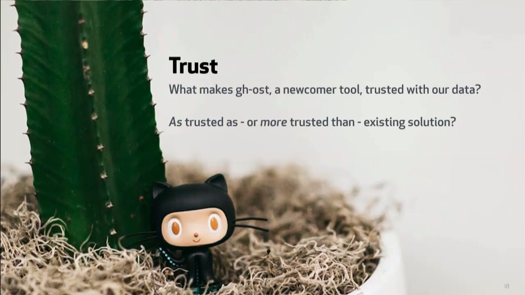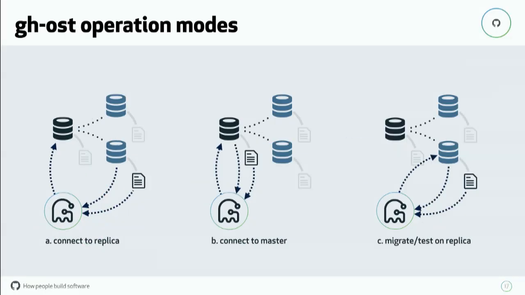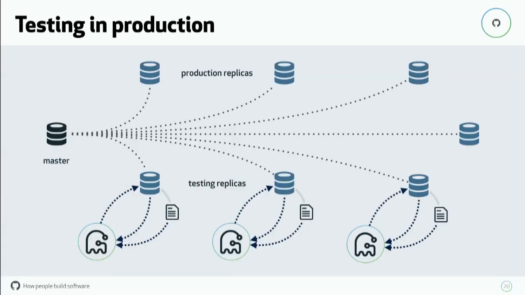All right, so what I want to talk about is why I trust Ghost, and why I trust it not only as much as what I've been using for years, but actually more. One thing is that we can test. We can test, and we do test. There's unit tests, integration tests, whatever. Ghost also tests in production. So going back to this, we can run something that is only talking to one replica.